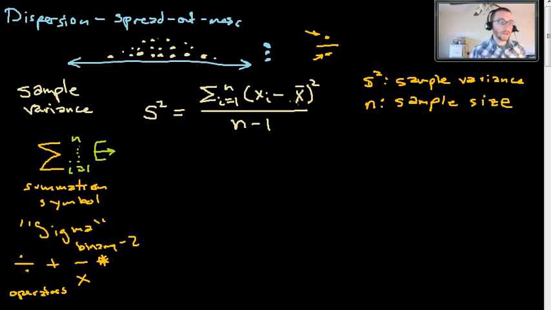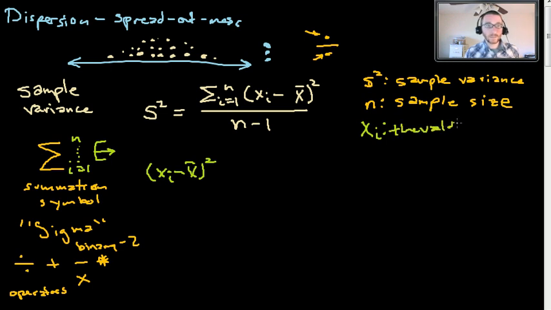What are we going to add up? Well, this formula tells us that what we are going to add up is the squared difference between x i and x bar. So what is x i? Well, x i is the value of x for observation i. What is x? Well, that depends. We're going to have to assign something to x.